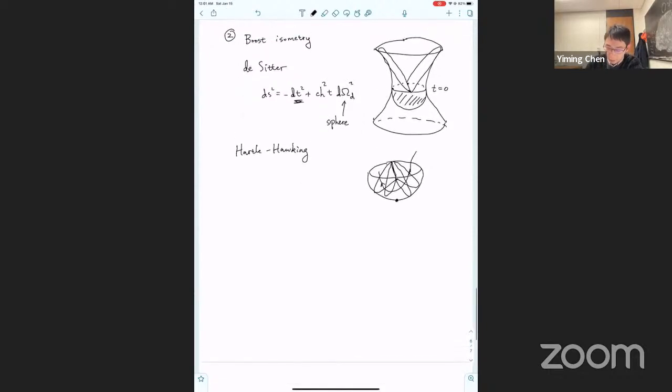Maybe it's better to draw a Penrose diagram of the Lorentzian de Sitter space. The Penrose diagram just looks like a square, and this will be the t equals 0 slice. There is an analog of the Rindler wedge, which is the right part of this diagram. That is the so-called static patch.